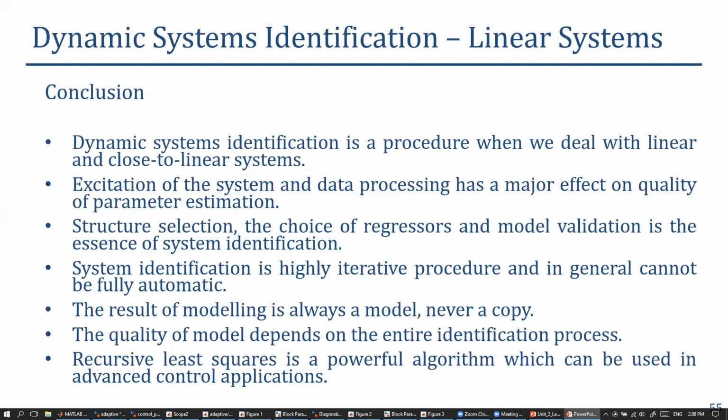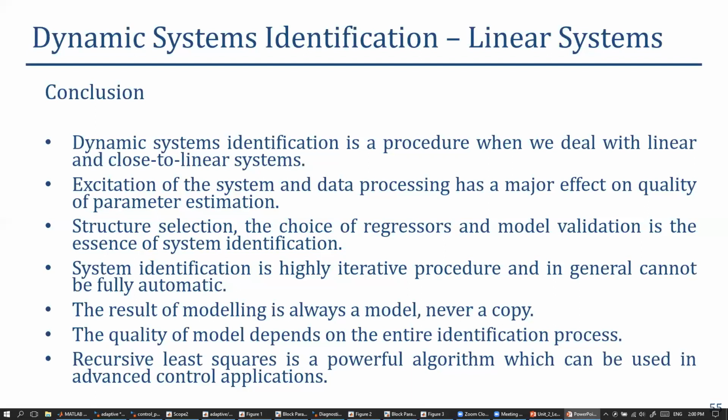So the quality of the model depends on the entire process, starting with the design of experiments, data collection, filtering, and so on. The data pre-processing, then order selection, and whatever we were talking about.